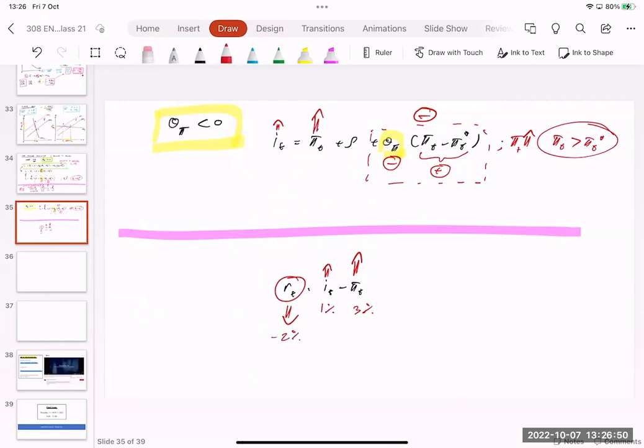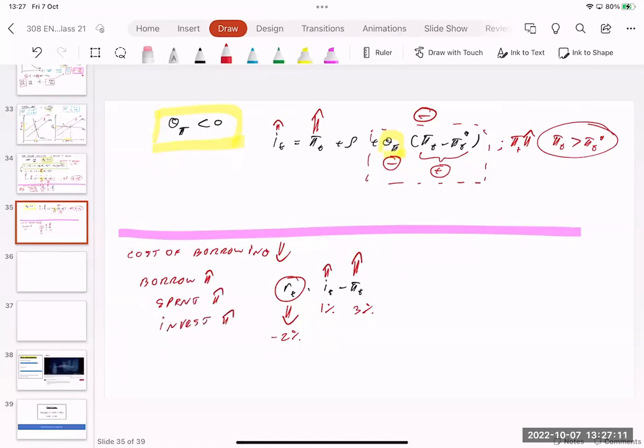This is going to create a big problem, because when the real interest rate becomes lower, people feel that the cost of borrowing becomes lower. People are going to borrow more, spend more, invest more.